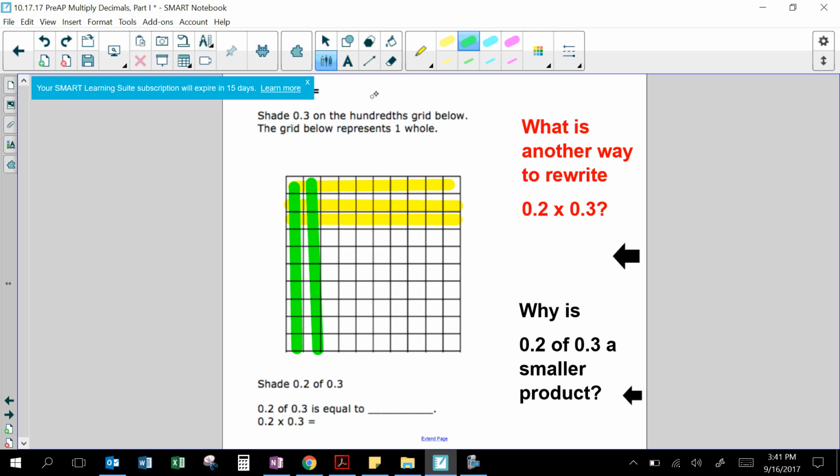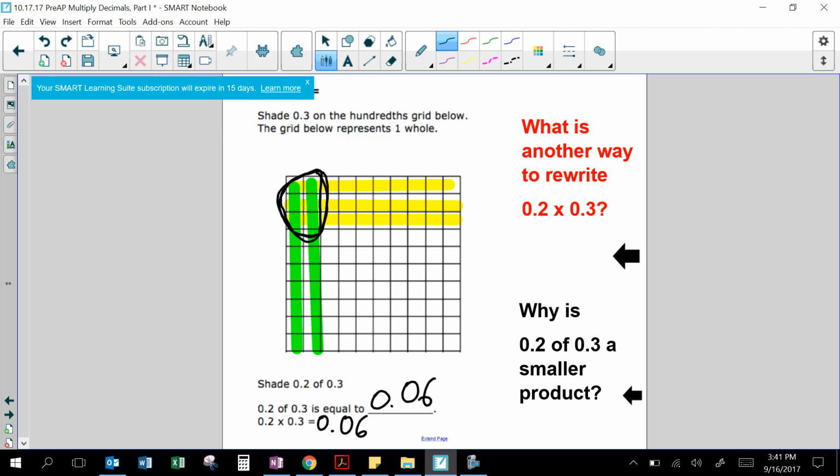So let's look at right here. This was 3 tenths. We shaded 2 tenths of the 3 tenths. What decimal or fraction is this? It's 6 hundredths of the whole grid. So 2 tenths times 3 tenths is 6 hundredths.